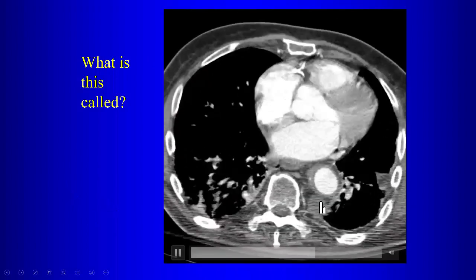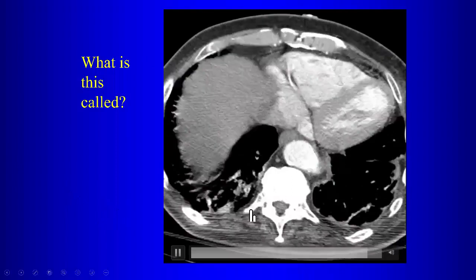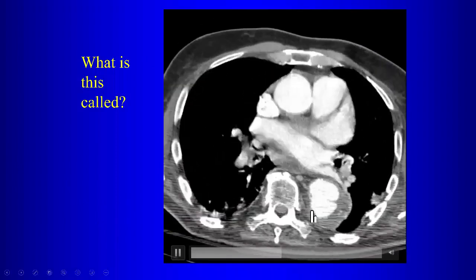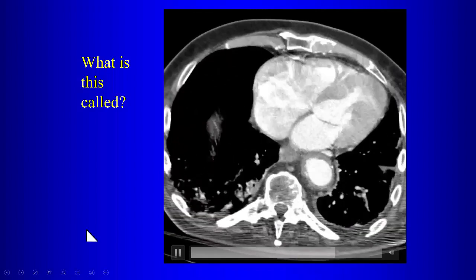Oh, you see that pouch in there from the aorta, okay? And also the low attenuation surrounding it. What's that low attenuation? What is that stuff?